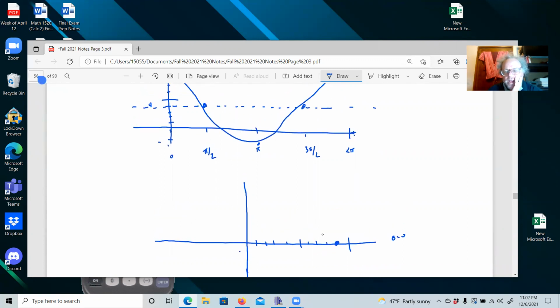Now what happens as we think about the angle going from 0 to pi over 2? What's happening to my r? My r is shrinking from 9 down to 4. So it's going to go 1, 2, 3, 4.